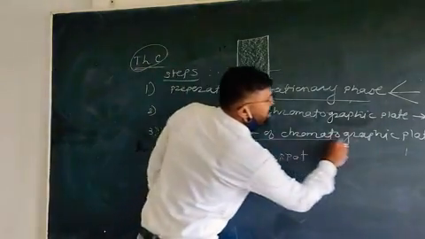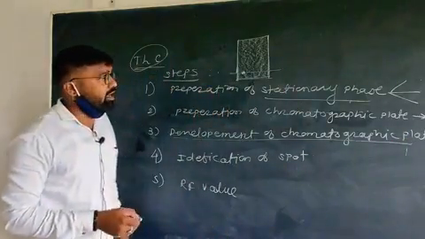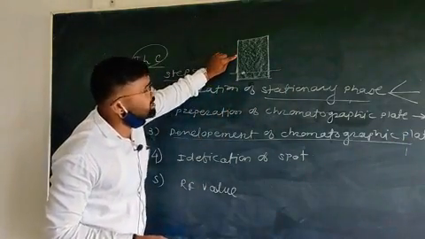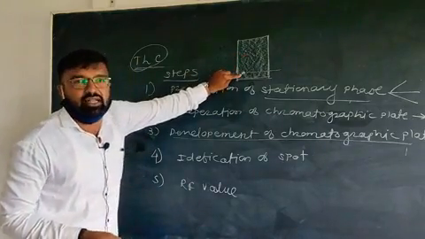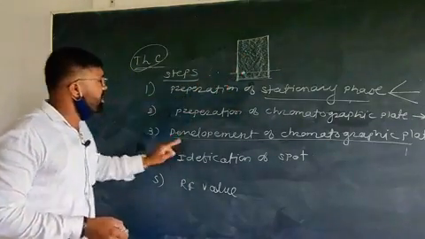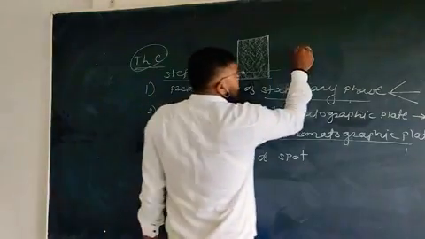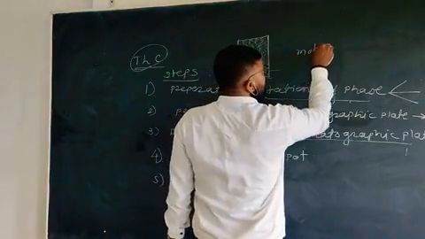Then development of the chromatographic plate. Now this is the inert support material, this is the stationary phase, and this is the mixture, that is the analyte. Now a suitable mobile phase is chosen.